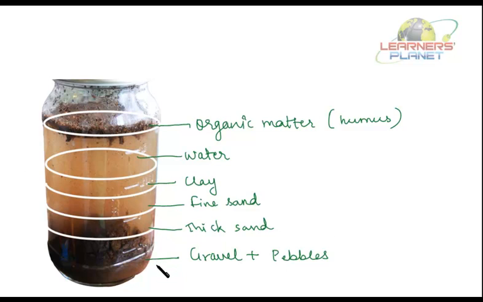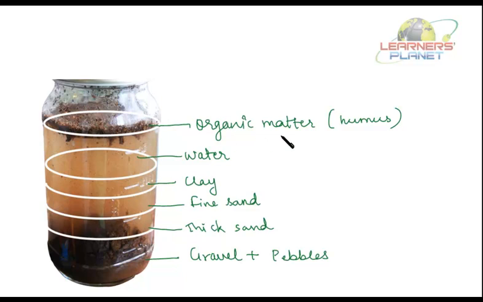Right? So these are the layers of soil, or rather the main constituents of soil. It has been divided into layers when we add a handful of soil to 3/4 of water in the glass jar and allow it to stand undisturbed for some time, and we can see these layers clearly.